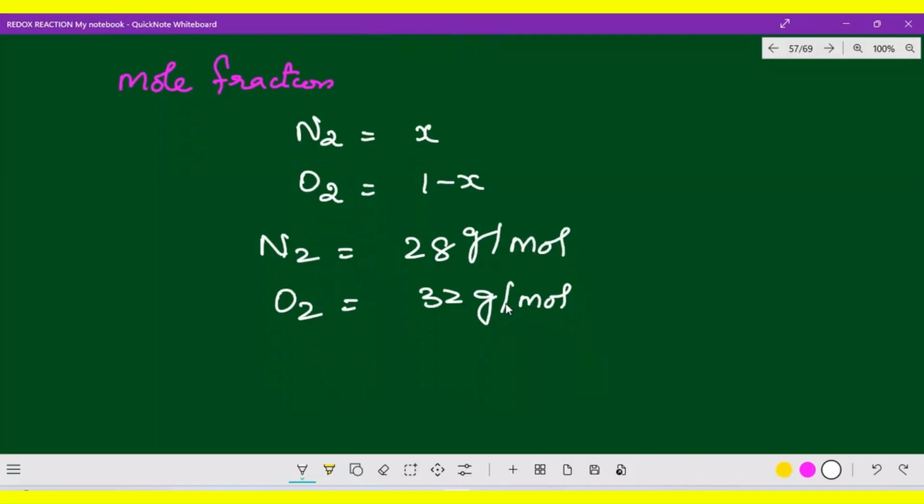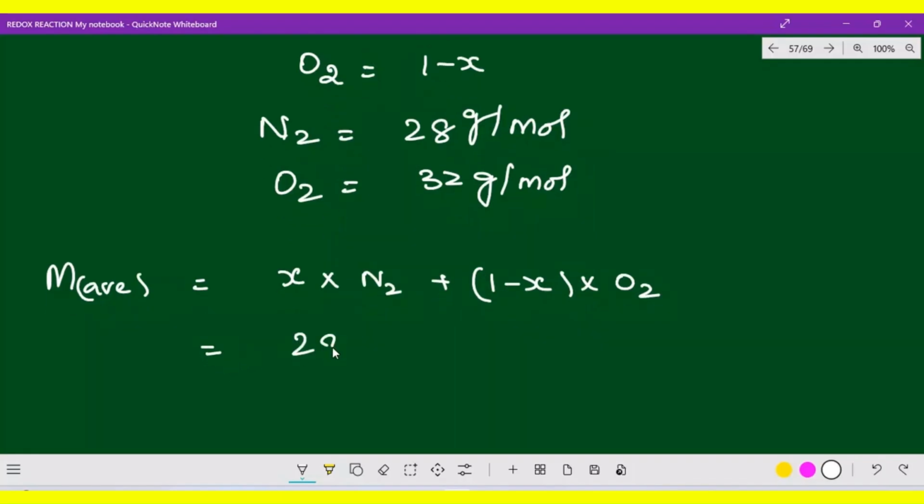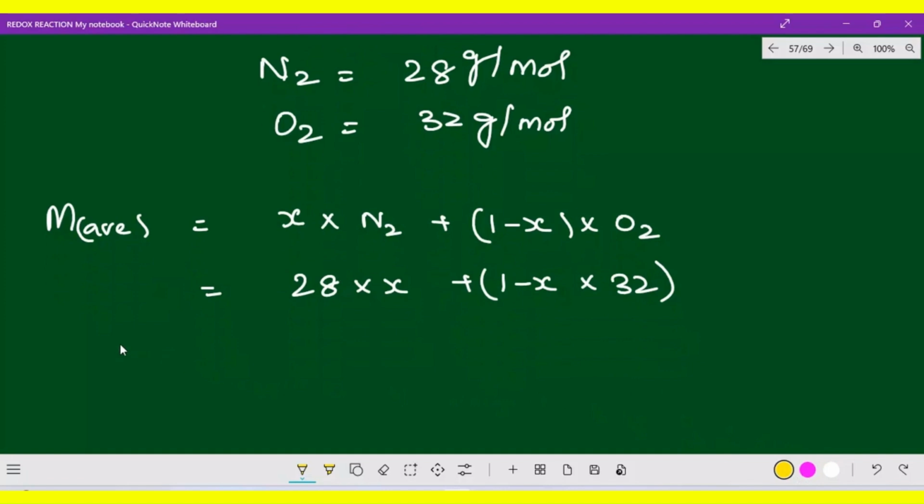Now average molar mass equals x into nitrogen plus 1 minus x into oxygen. Let us apply the values: 28 into x plus 1 minus x into 32.